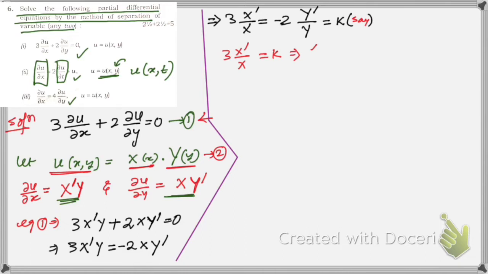Now you see X dash represents d capital X by d small x, that means the derivative of capital X, which is a function with respect to x.